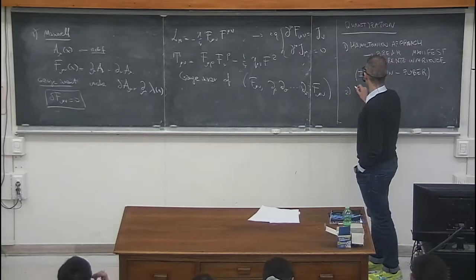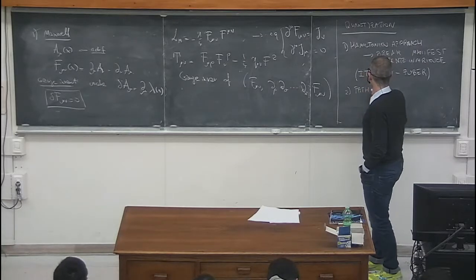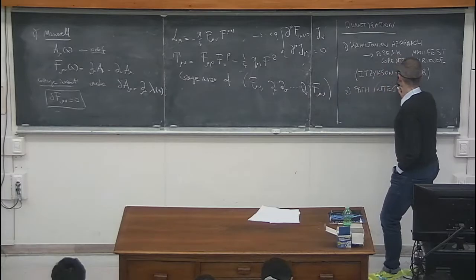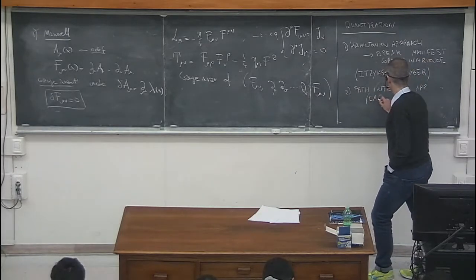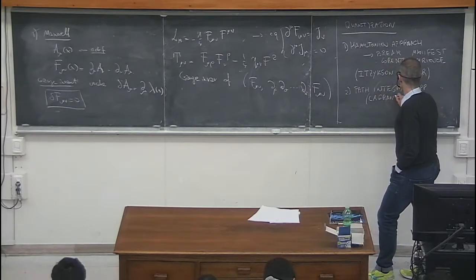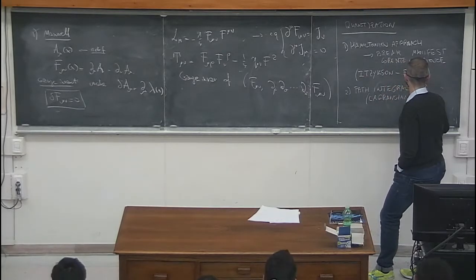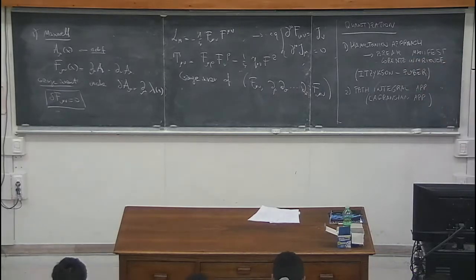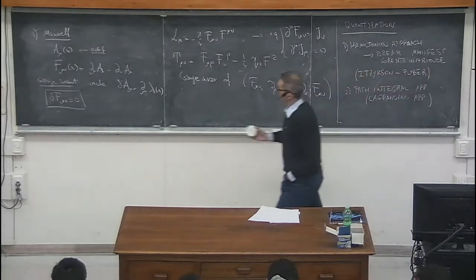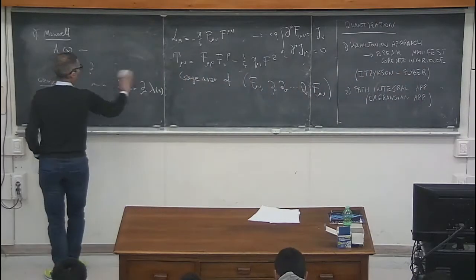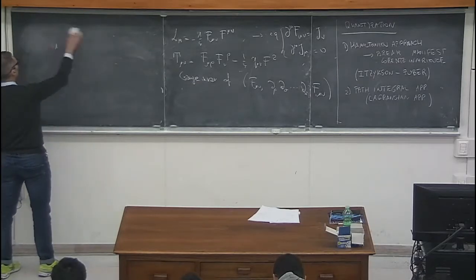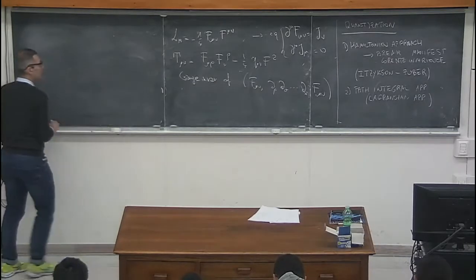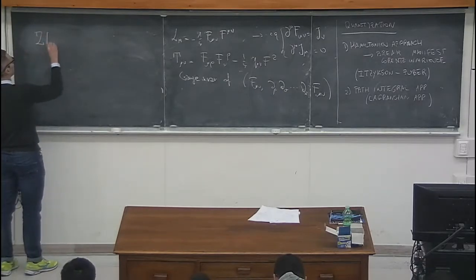So I want to try a path integral approach, which is more related to the Lagrangian approach. I'll try to stay as covariant as possible. So then you do the following. You say, well, let's try to construct a path integral. To do that, you follow the usual path.